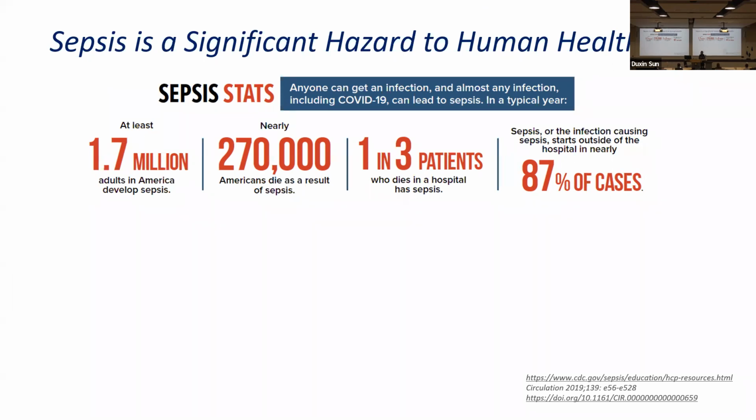This does not even include pediatric sepsis, which is kind of the other extreme of the sepsis bell-shaped curve, if you will, kind of the two extremes of human age, very young people and older people compose this. But that's not to say that young, healthy people don't get sepsis. They do. Of these patients, 270,000 of them die each year. And remarkably, 1 in every 3 patients who die in hospital die from sepsis. So this has an extraordinary impact on human health.